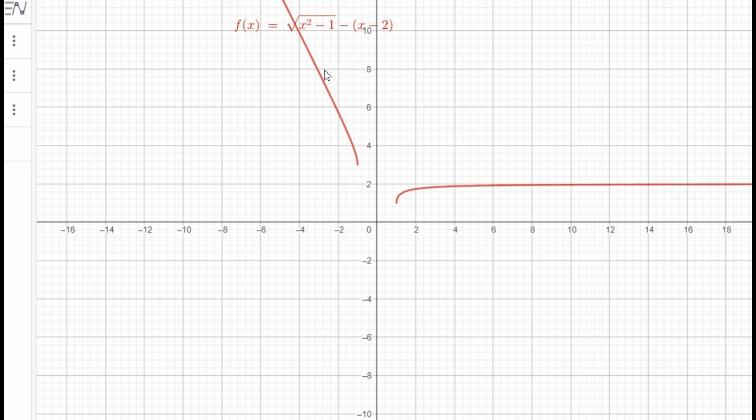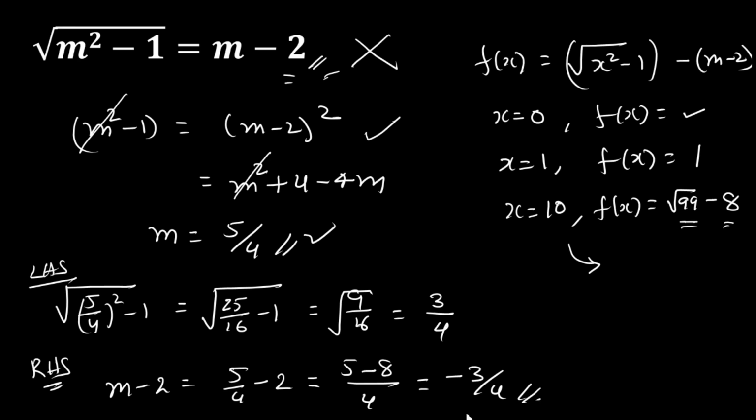But if you go back and square both sides, the m square terms get cancelled, and it will become 4m minus 5 equal to 0. So the function becomes g of x is equal to 4x minus 5.